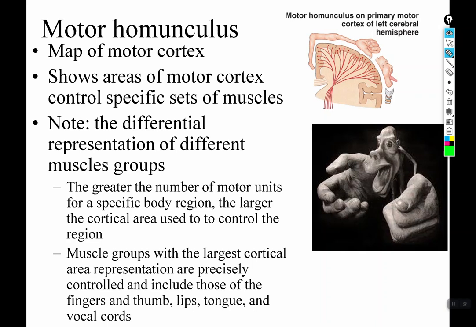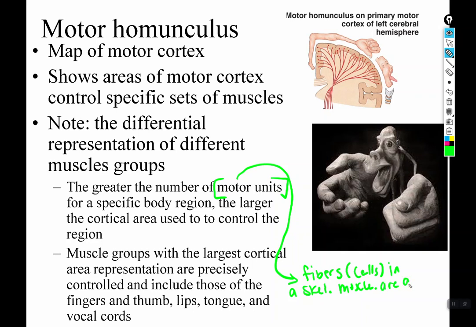So remember, let's take a moment to redefine motor unit. That is going to be the fibers, which are, of course, cells, in a skeletal muscle that are all innervated by the same lower motor neuron.